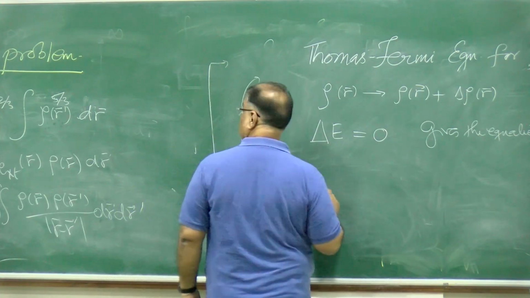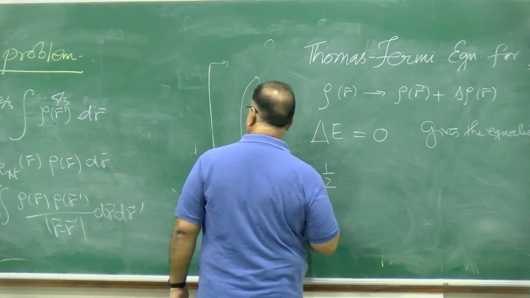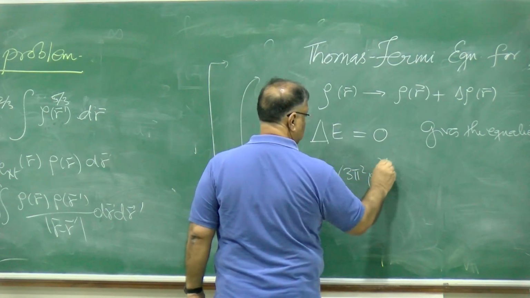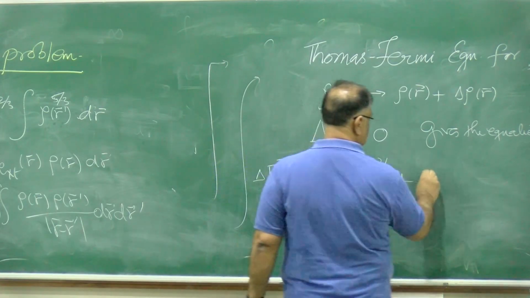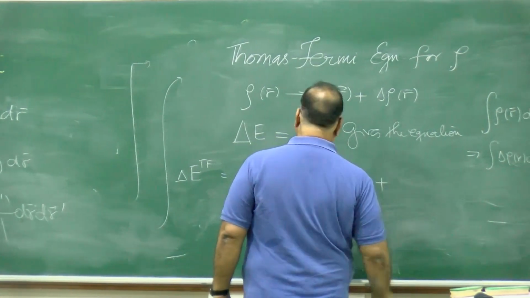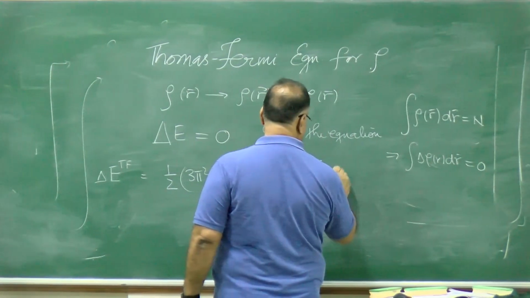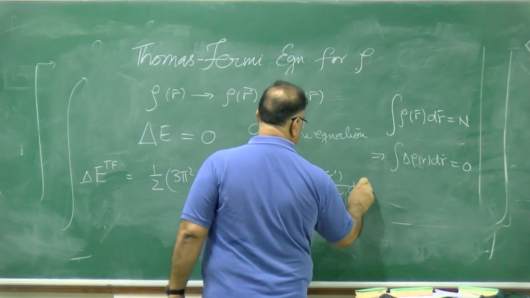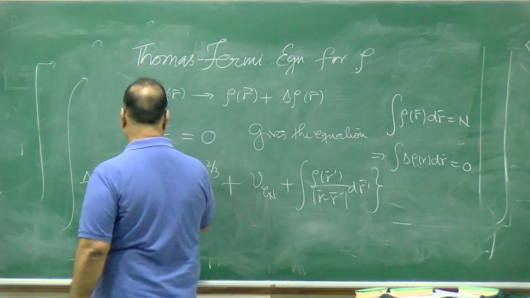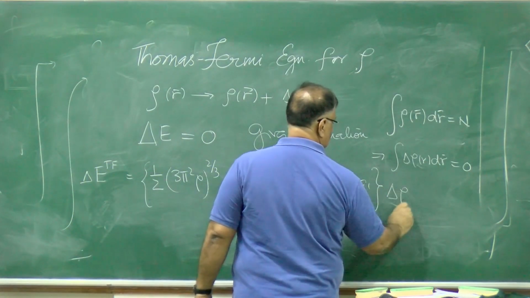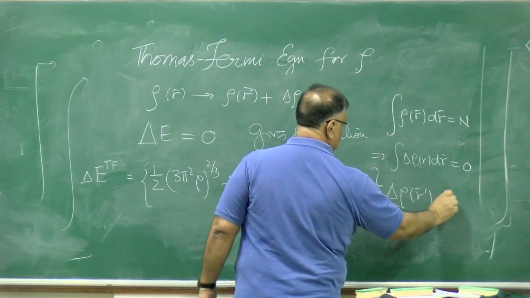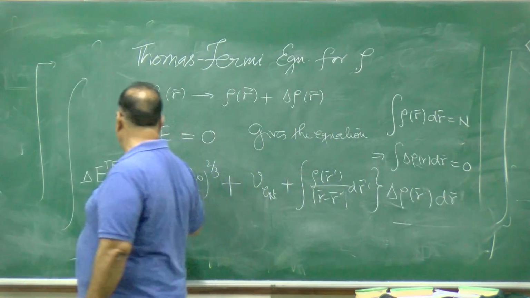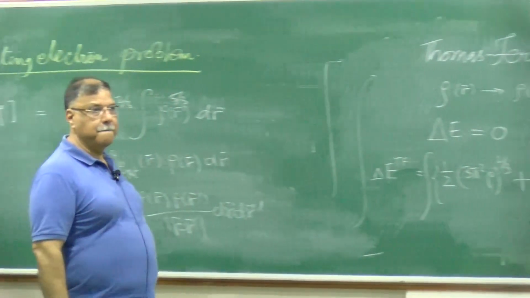So you'll get 5/3, so that is 1/2 (3 pi square rho) raised to 2/3 plus V external plus integration rho(r prime) over |r minus r prime| dr prime, times delta rho(r) dr. This is what delta E comes out to be.